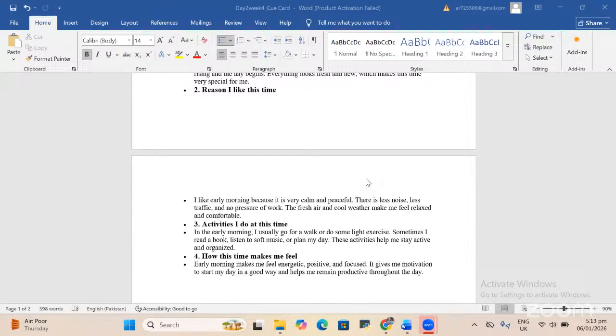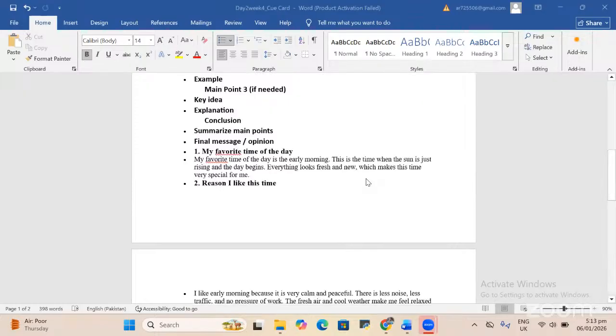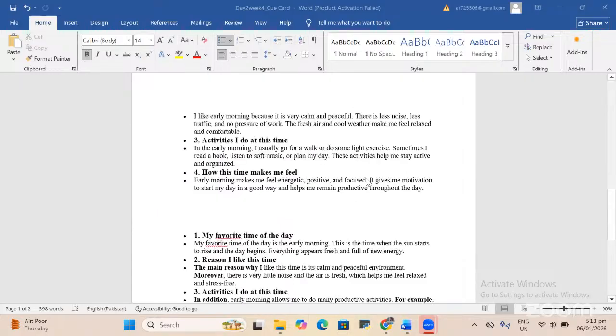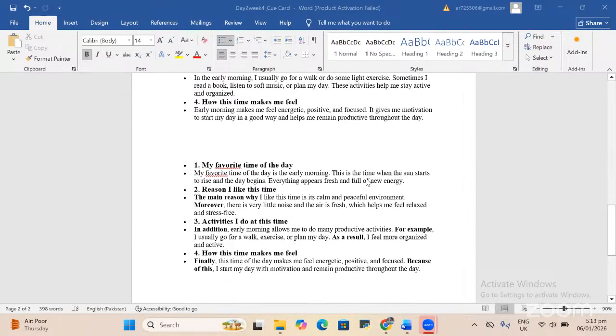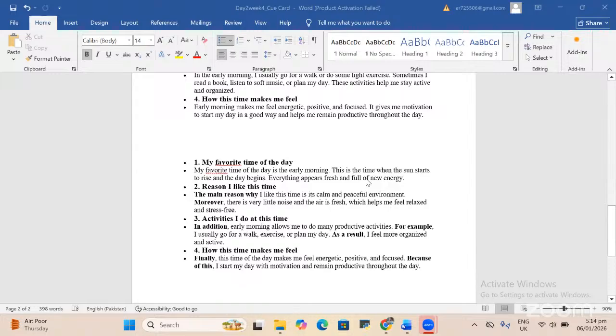It is also better if your sentences engage with different points when you speak about the cue card, rather than just starting any point and explaining your ideas. For example, in the second way, I use the same sentences, but I use linking words and linking phrases that actually help you show coherence in your response.